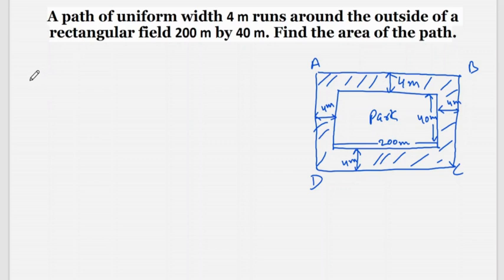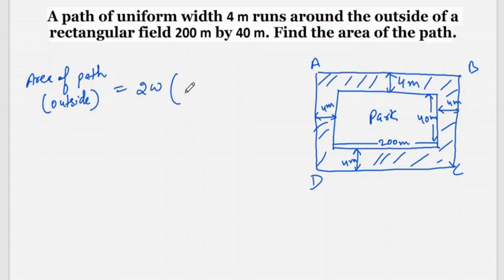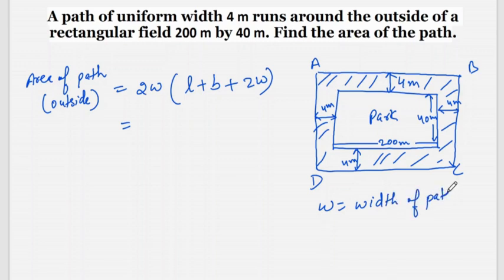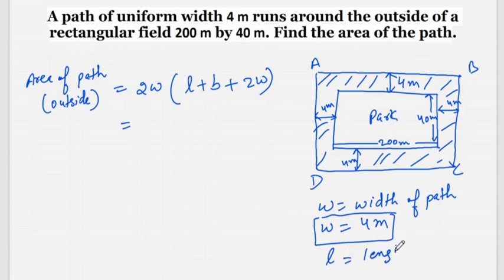What is that formula? So area of path, in the case of outside, is 2W into L plus B plus 2W. Now what is the meaning of W? W is the width of the path. So what is W given? W is given as 4 meter. So I will use W as 4 meter. L is the length of the park.